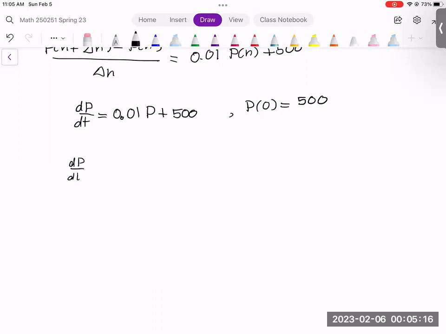I'm going to use that it's linear. So our integrating factor is e to the integral of negative 0.01, which is e to the negative 0.01t. We multiply both sides by our integrating factor.